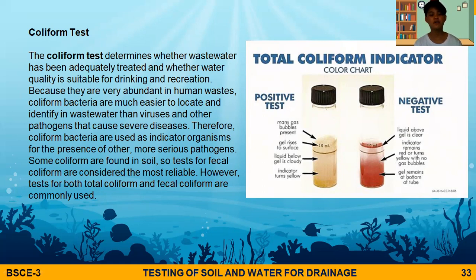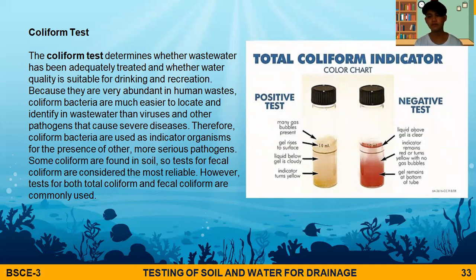Therefore, coliform bacteria are used as indicator organisms for the presence of other more serious pathogens. Some coliform are found in the soil, so tests for fecal coliform are considered the most reliable. However, tests for both total coliform and fecal coliform are commonly used.